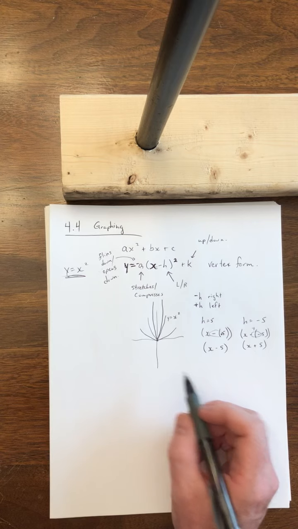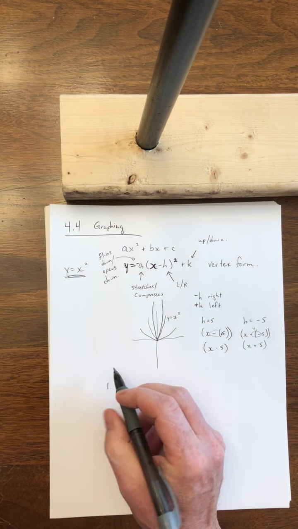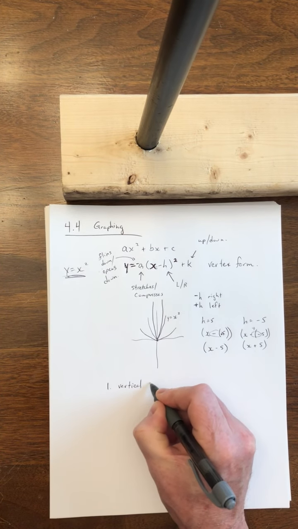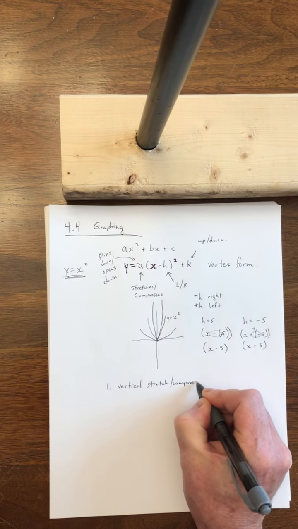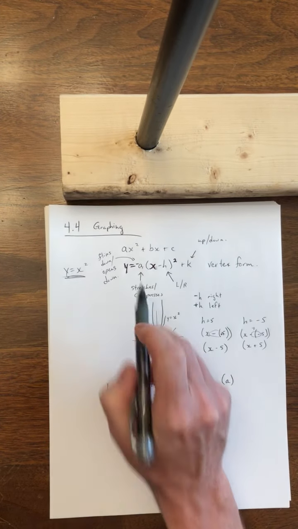And when we're doing them, we apply them in a certain order. So the first one that we would do would be the vertical stretch or compression. So we deal with the a first.